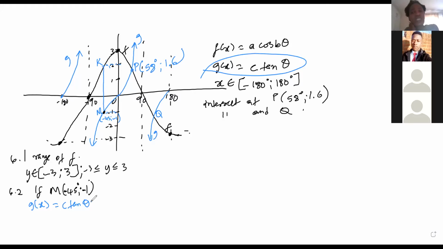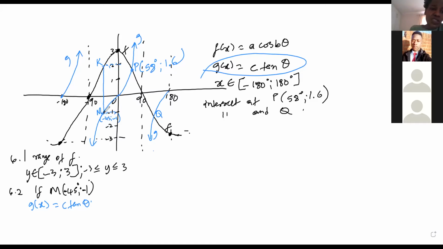Remember what we said about it: it's the amplitude, the height of your function where your values end. So if you see here, they said M lies on that graph. So we have -1 and -45 here. Okay, then what will be the value of C?